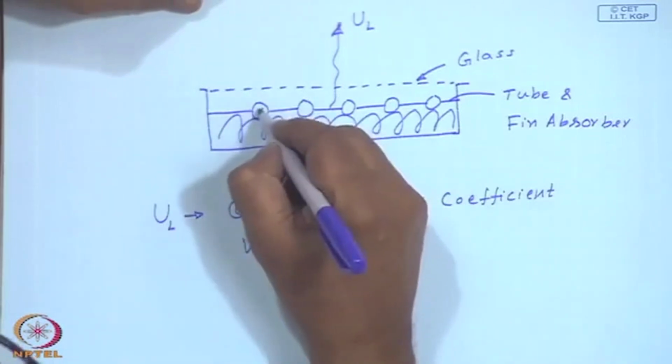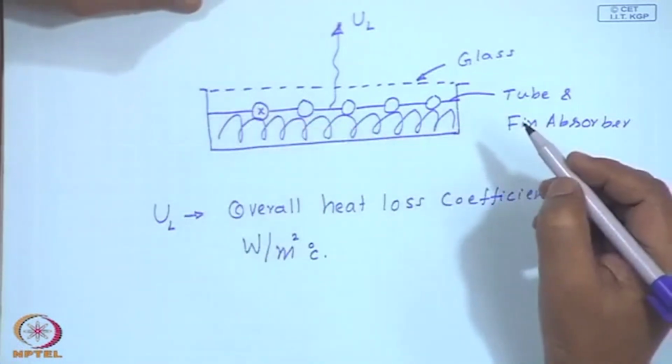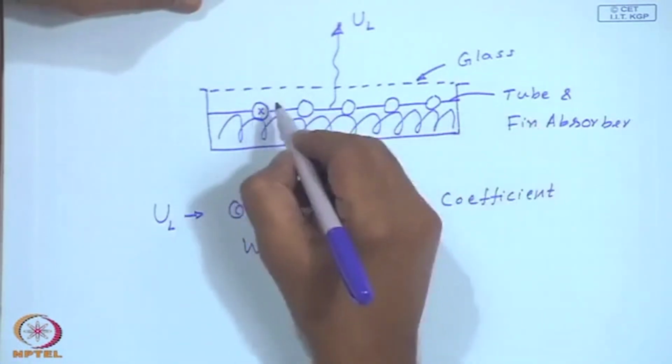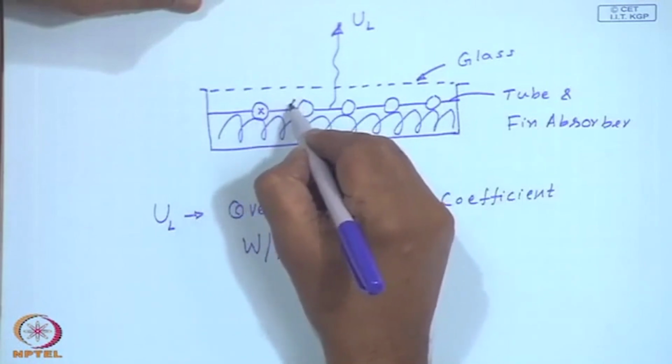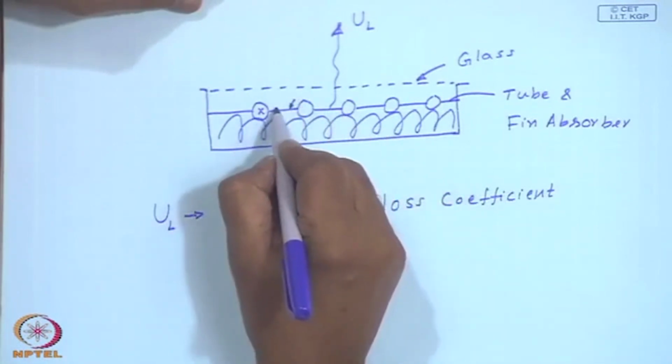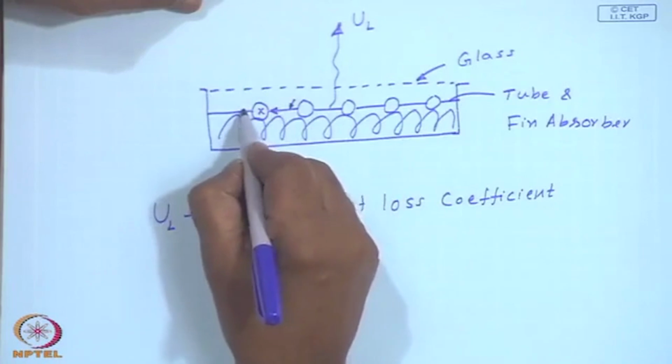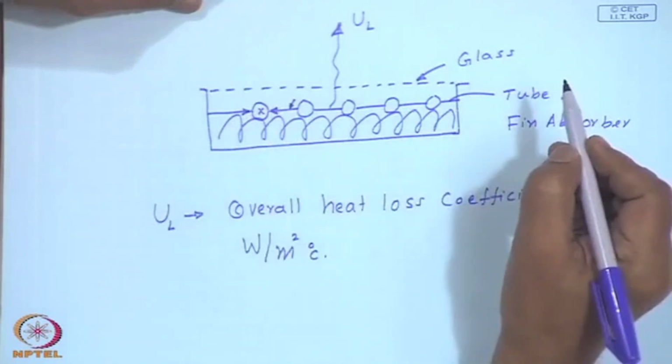And the fluid flows through these tubes. The central portion painted black over here, heat will flow towards the colder fluid side, thereby heating the fluid.